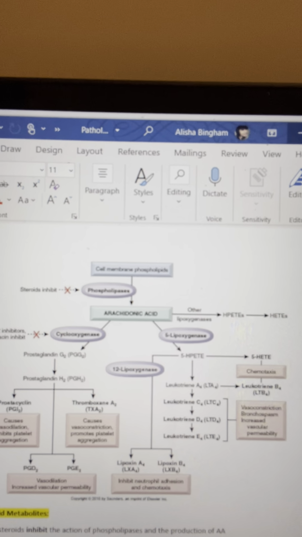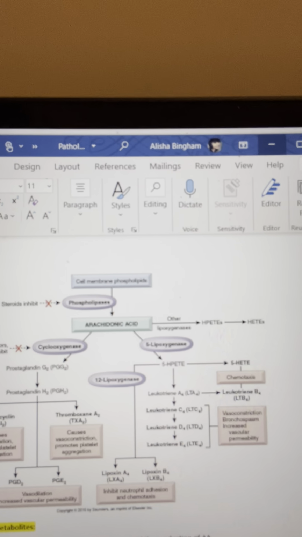They don't have to do with the lipoxygenase. It's only the cyclooxygenases. So again, arachidonic acid metabolism. Corticosteroids, again, inhibit the action of phospholipase and the production of the arachidonic acid. So again, that's steroids.